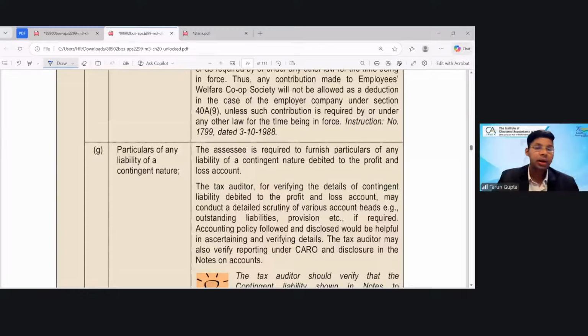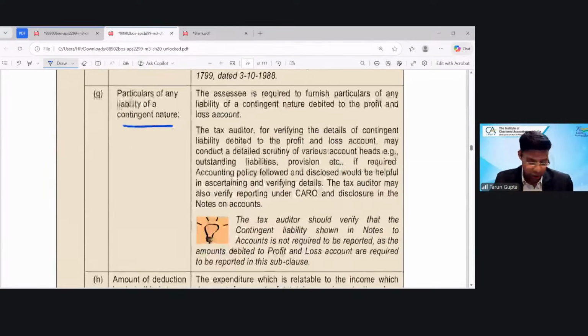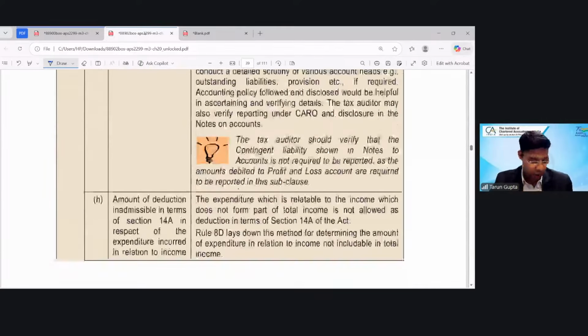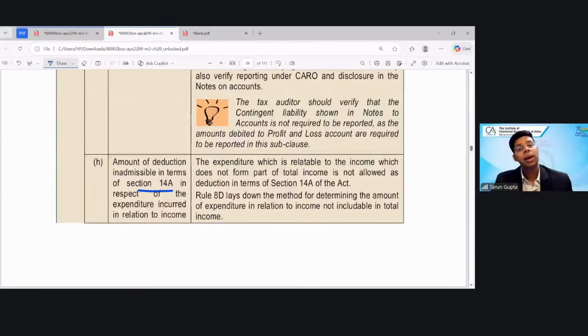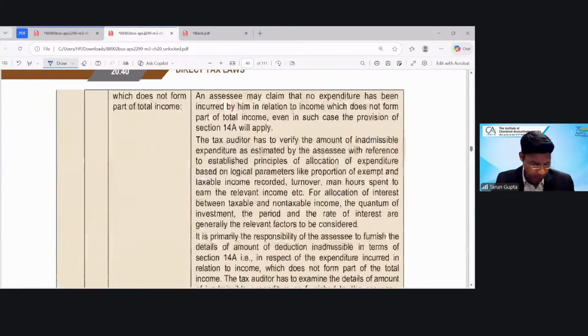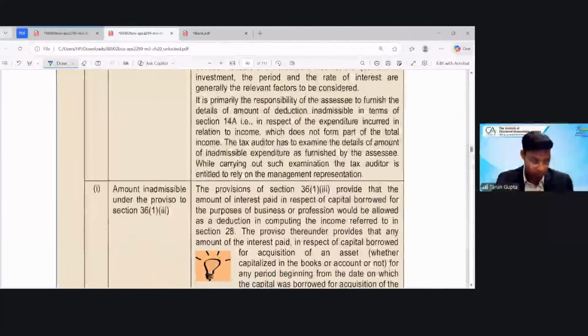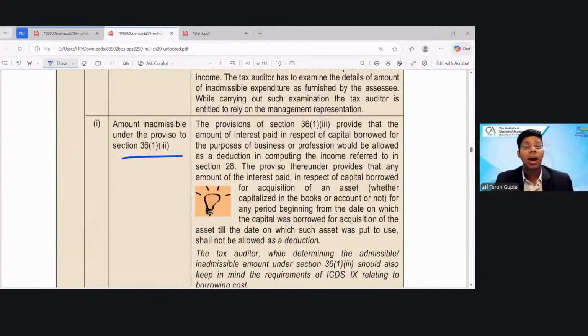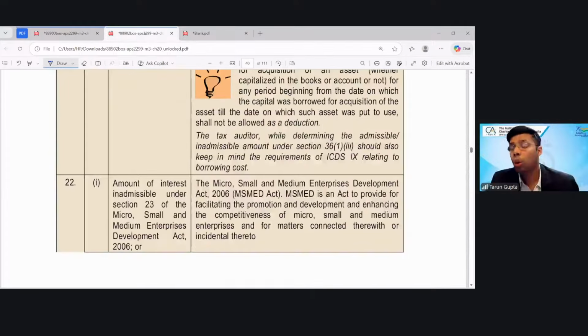Any contingent liability, which is actually claimed as deduction, shall not be allowed. Then section 14A, which says that any expenditure incurred in relation to exempt income shall be disallowed. So the amount which is to be disallowed under section 14A is stated, as it is not allowed as deduction. And under section 36(1)(iii) it is not allowed.